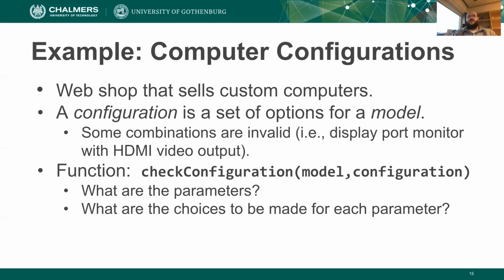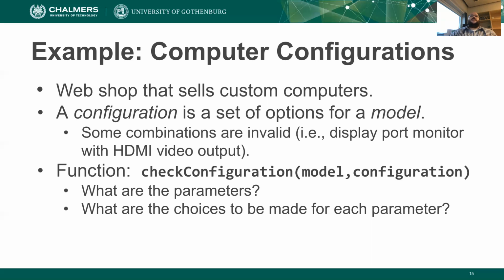So we have a function we want to test called check configuration that's surfaced by an API. It takes as its direct input a model of computer that you want to order, and then the configuration you've chosen for that model. And it comes back with a Boolean result that says, hey, this is valid or invalid, right?